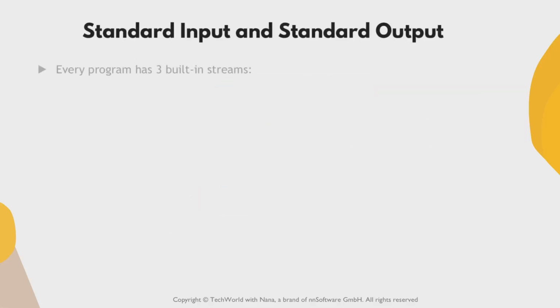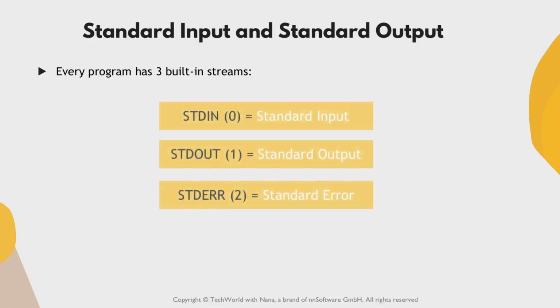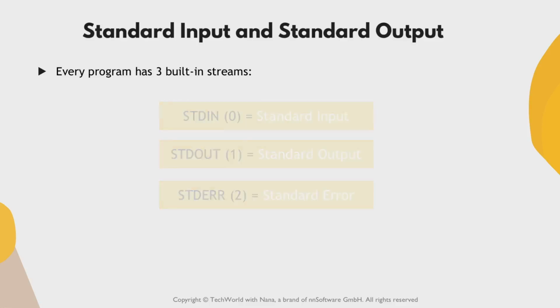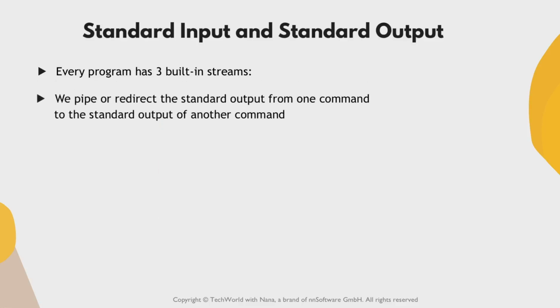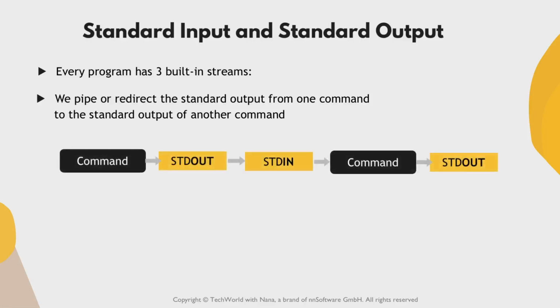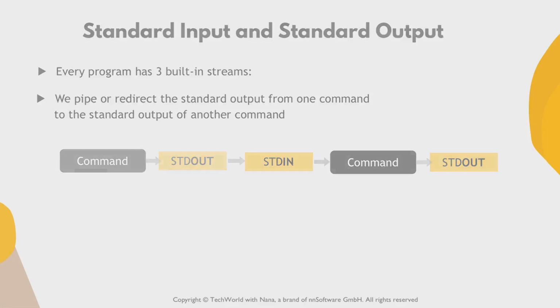And as I mentioned at the very beginning, each command in Linux can have an input and output. And this input and output actually have formal or official terms in Linux called standard input, or stdin, and standard output, stdout. So with these terms, we're talking about piping or redirecting the standard output from one command to the standard input of another command.